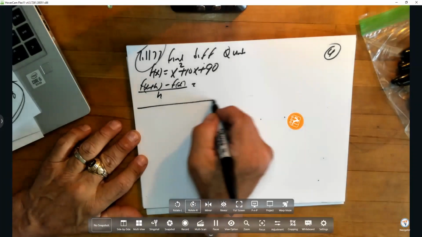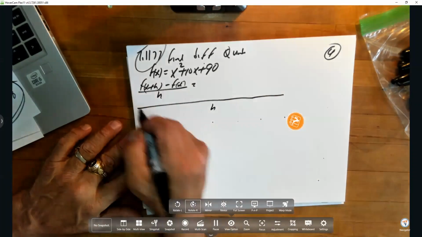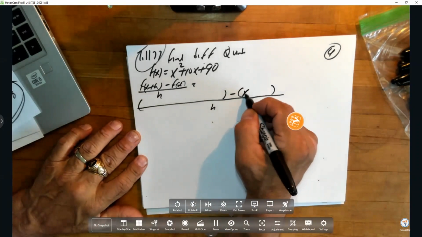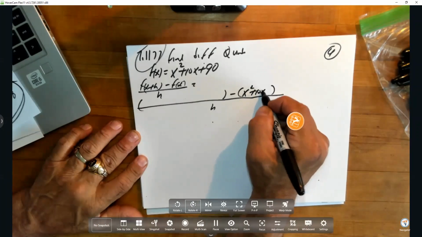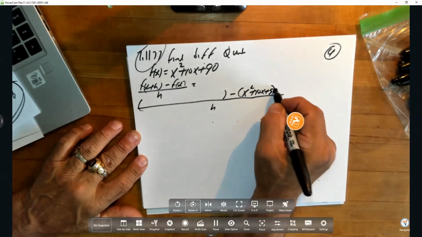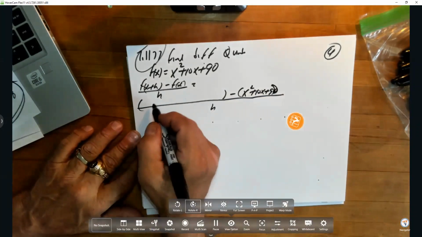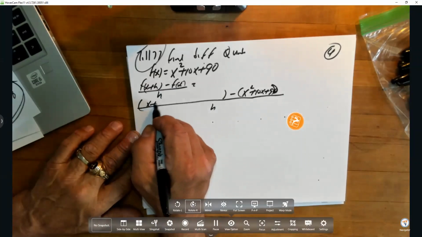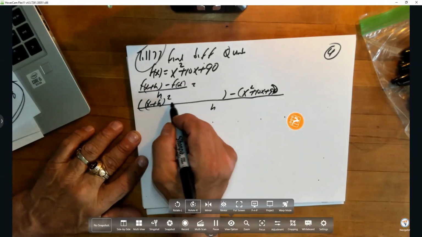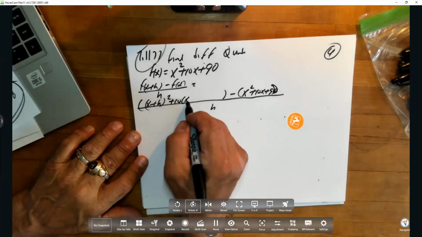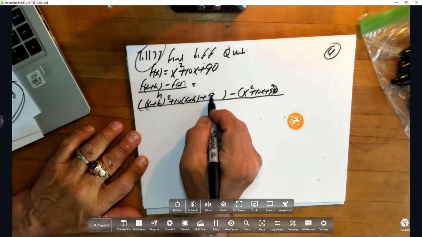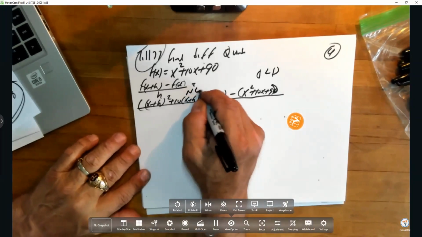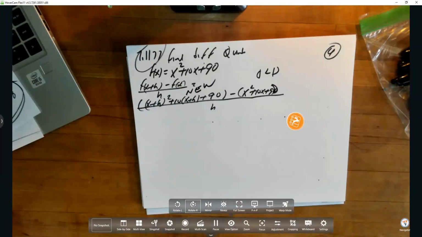So big line, big parentheses, little parentheses. I know this one is x squared plus 10x plus 90. That's what goes right there. Now this one is not x, but it's going to be x plus h squared plus 10 times x plus h plus 90. The old one, the new one's right here. Old and the new.